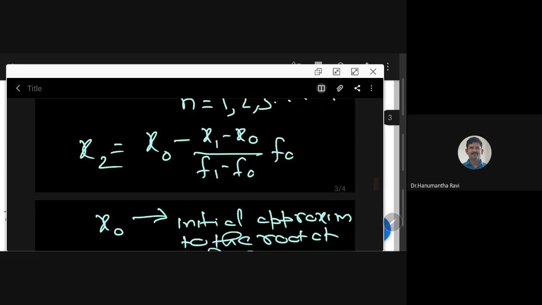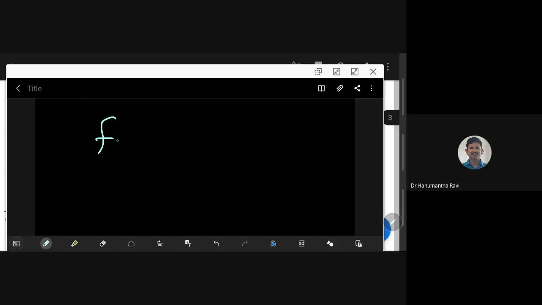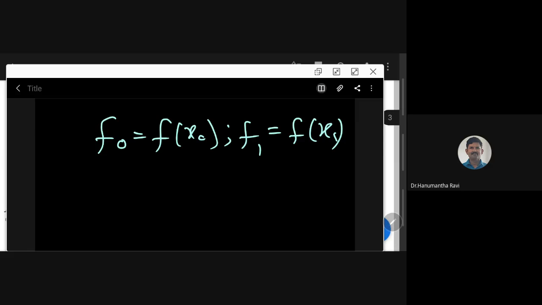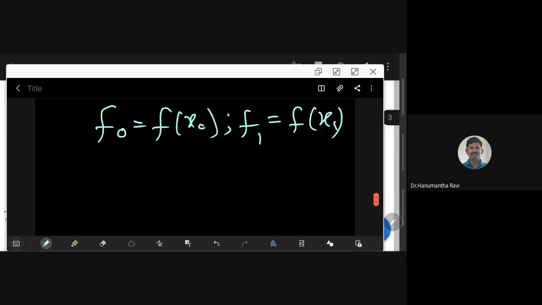One more thing here: what we mean by f0. Here f0 is f of x0. Instead of writing f of x0, we are writing f0. f1 means f of x1. Likewise, once you determine x0 and x1, you can find x2, and once x2 is determined, we compute f of x2, that is nothing but f2.